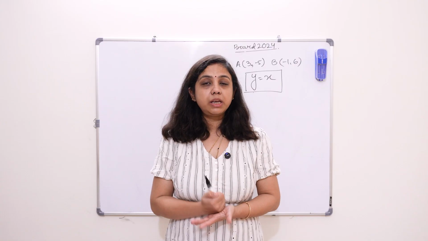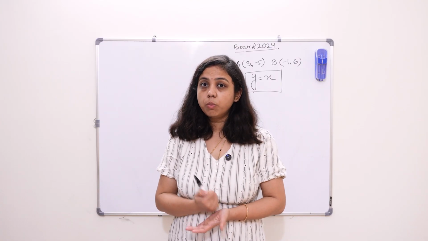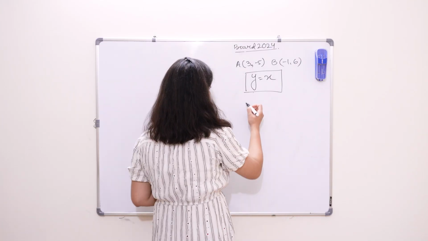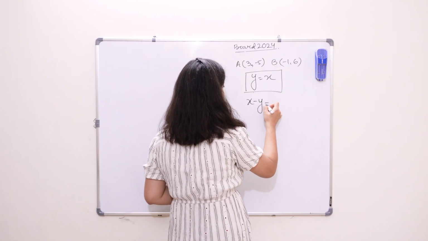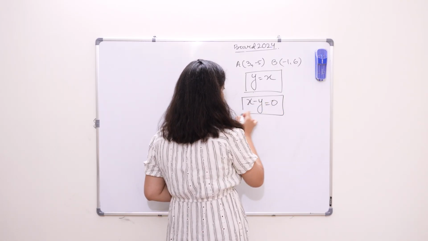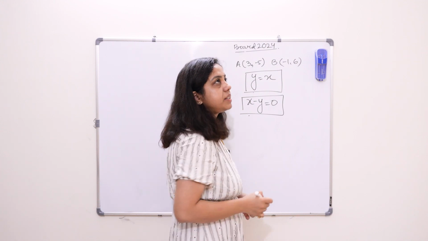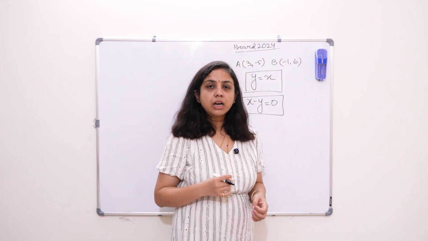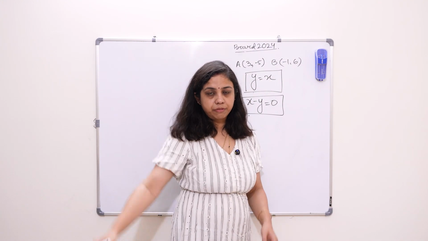Any of these lines will be equal to x equals to y. This can also be represented as x minus y is equals to 0. This is basically an equation representing a linear graph, right?